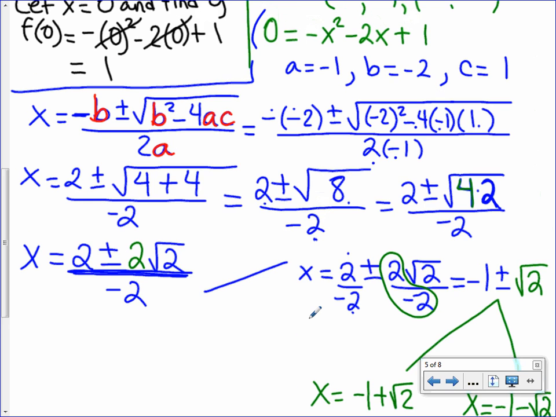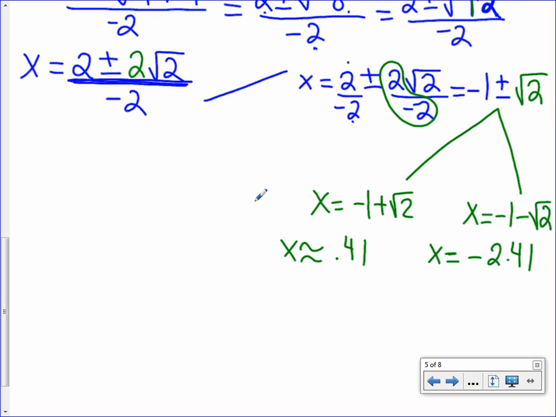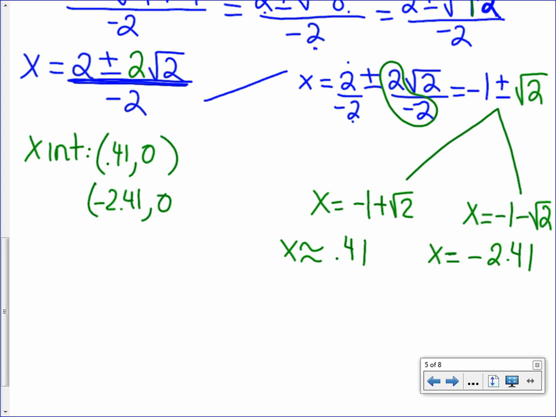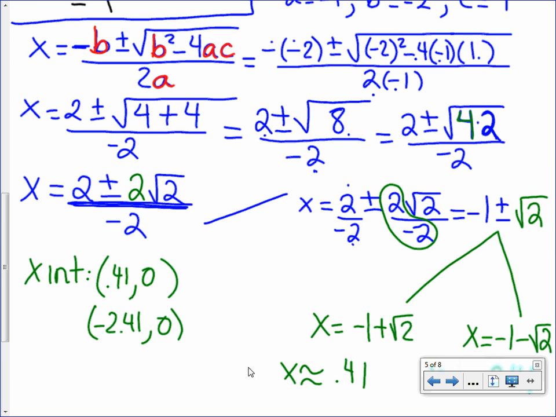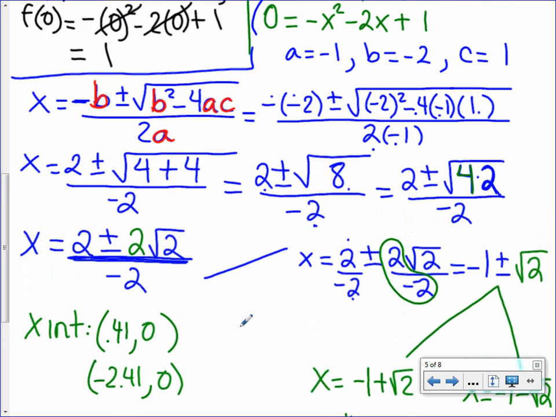Okay. So that tells us, I'm about to let you guys go, just hold on, that the X-intercepts will be at 0.41, comma 0, and the other one will be at negative 2.41, comma 0. I still have 1 minute.